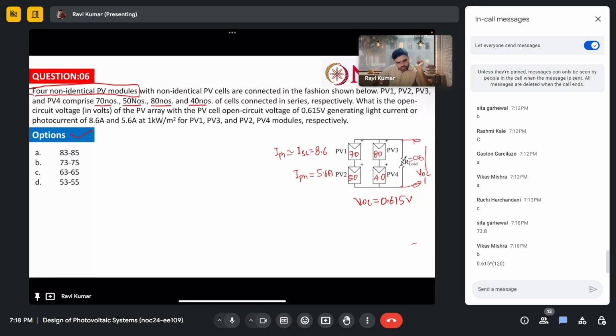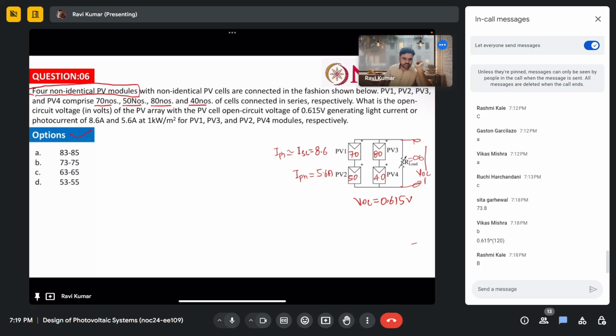The number count is 120 for each combination, and each cell voltage is 0.615 volt. So number of cells multiplied directly with the open circuit voltage of each cell, and both numbers are equal. So the open circuit voltage will be 120 into 0.615, that is equal to 73.8 volts.